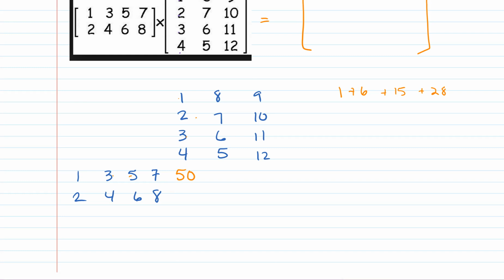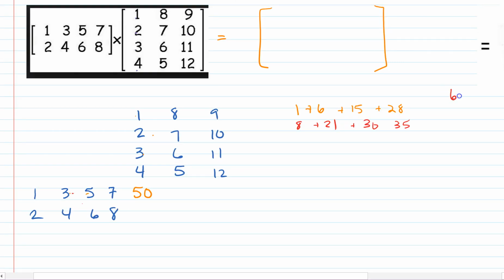And now for the next one, I'm taking this row and this column: 1 times 8, 3 times 7, 5 times 6, 7 times 5, and that adds up to 94.